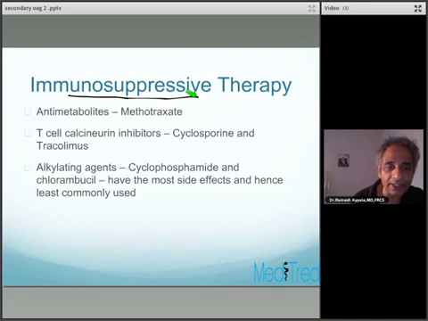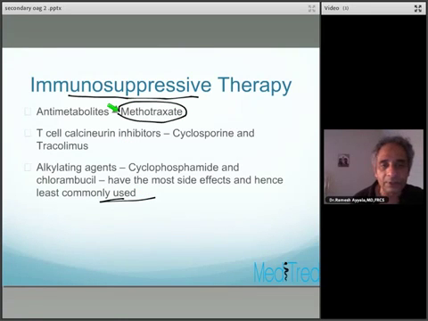Now, these alkylating agents have the most side effects and hence are least commonly used in the uveitis world. My preferred drug is methotrexate. It's given me good luck with a lot of my patient population with uveitis.